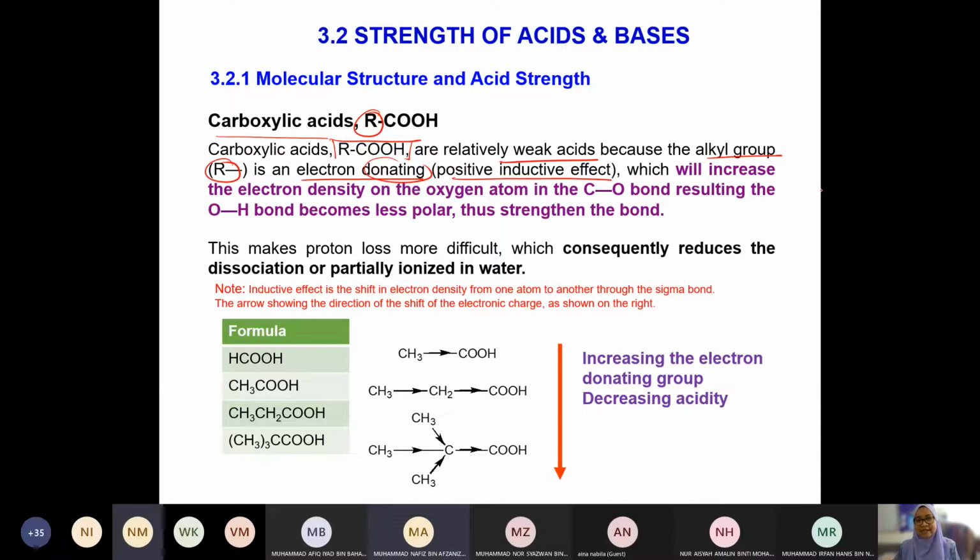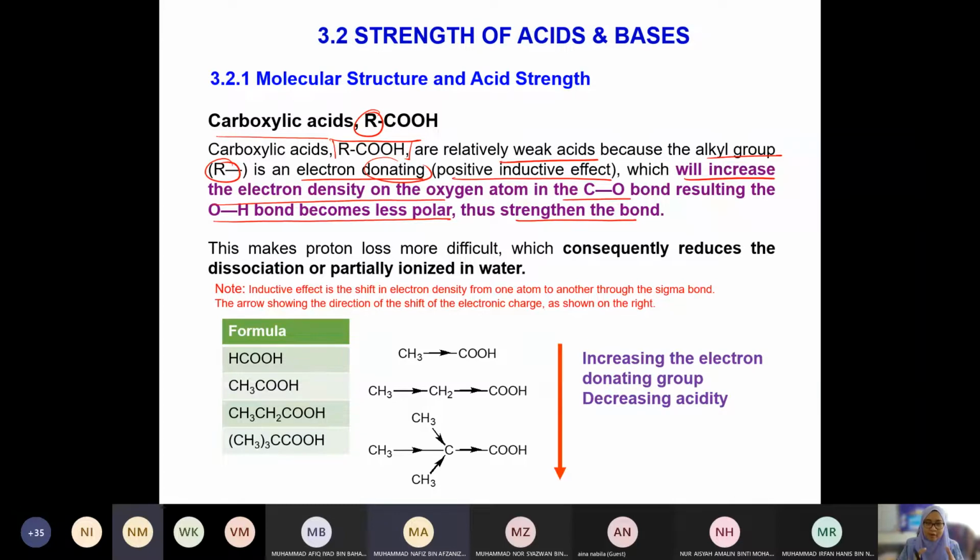And this in return will increase the electron density on the oxygen atom in the CO bond, resulting in the OH bond becoming less polar, thus strengthening the bond.